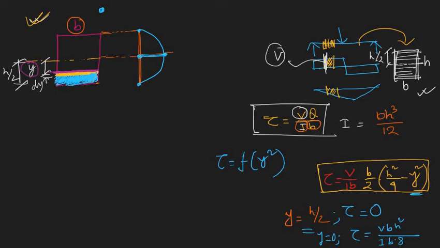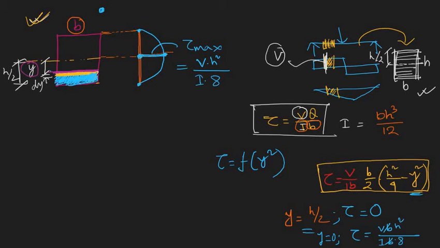This is the maximum shear stress, equal to V b h square, cancel b and b, so we are getting simply V times h square divided by 8 times I.